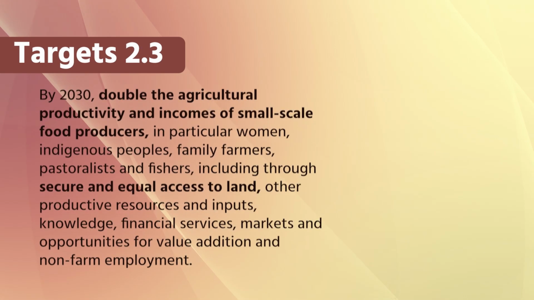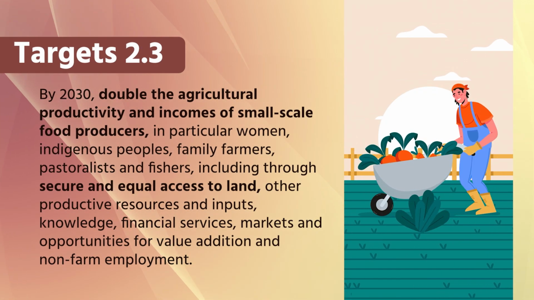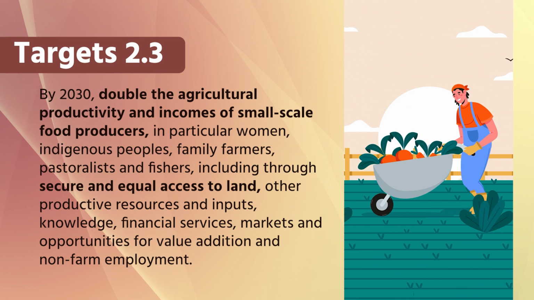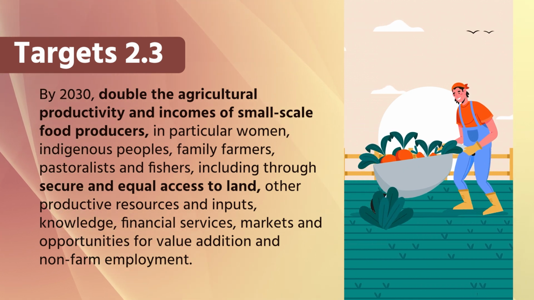When we look into target 3, that's on doubling the agricultural productivity, because when we talk about zero hunger, it is directly related to food production, food consumption, right? The process of food production, food consumption, nutrition of food.